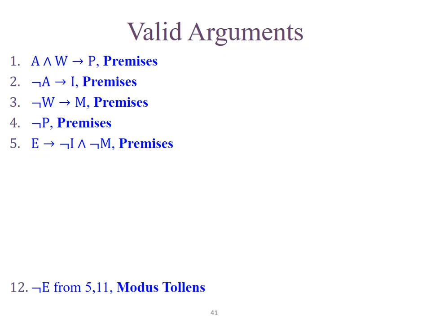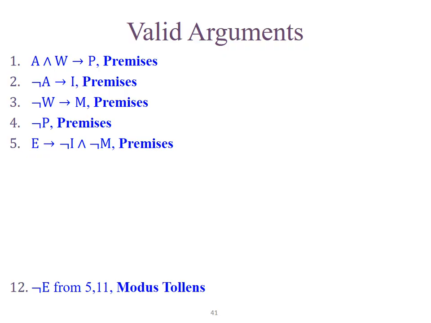Okay, so we have step one, the first premise, A and W, then P. This is a premise; you write the reason by yourself. And the second step, we have not P. The third step, based on 1 and 2, we can apply modus tollens.